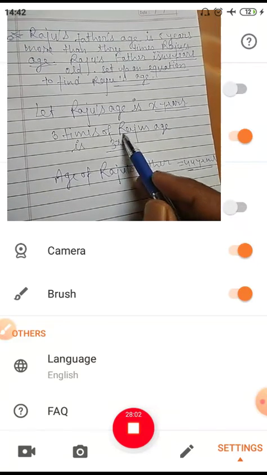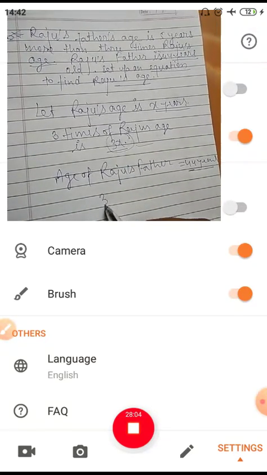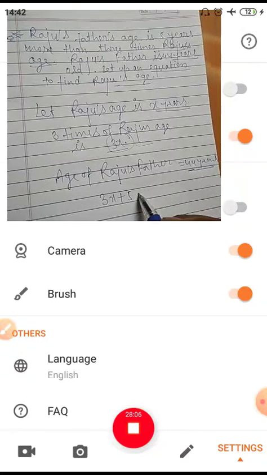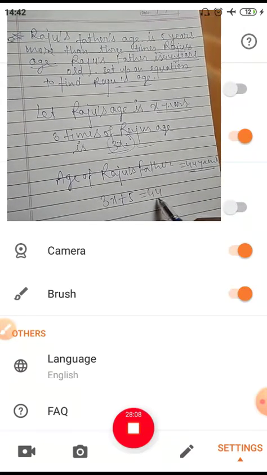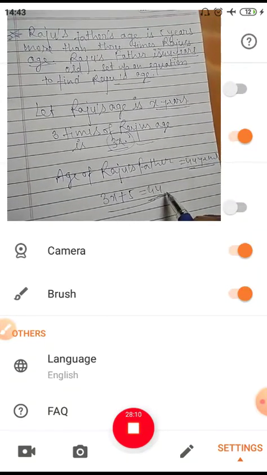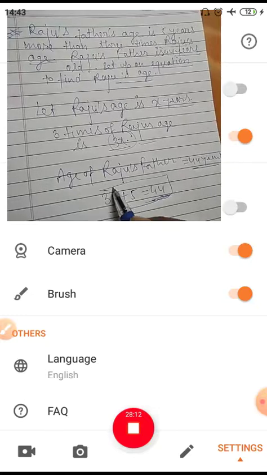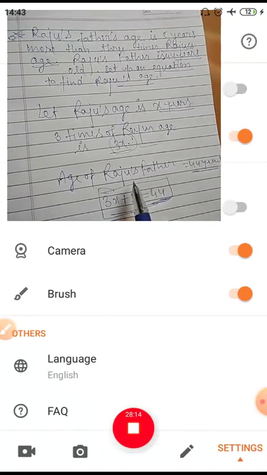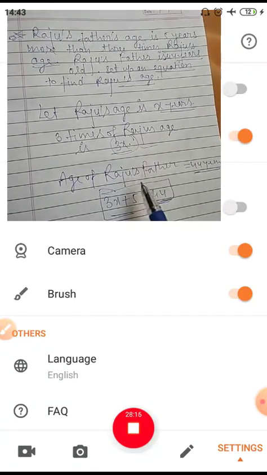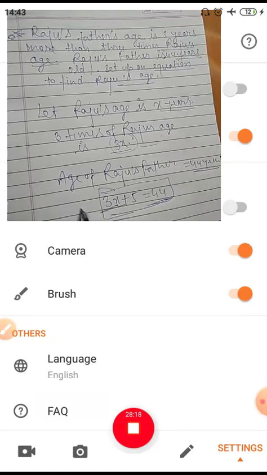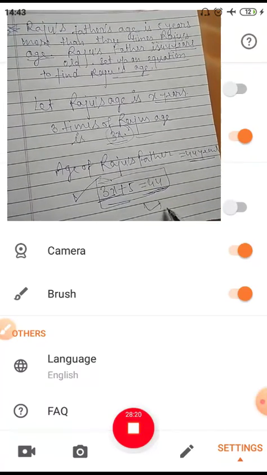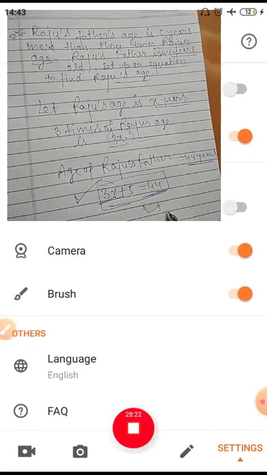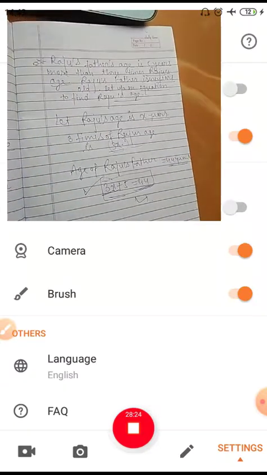So 3x plus 5 is equal to what? 44. 44 is Raju's father's age. So it is in equation form.